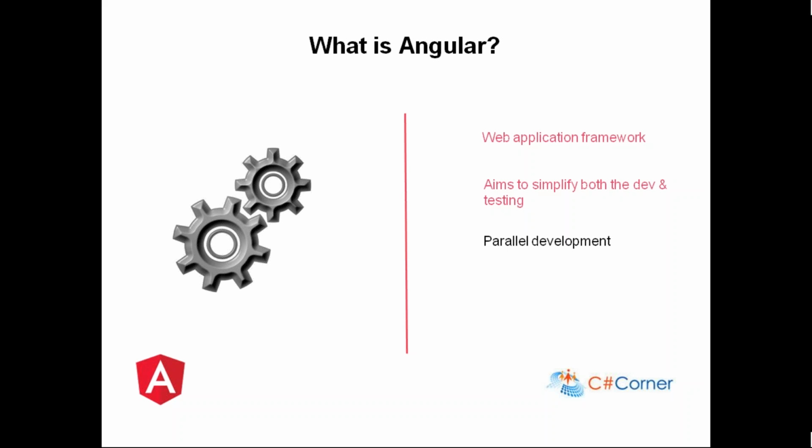One more advantage here is parallel development. Angular segregates server development from client-side development. Server-side development is completely taken care of by another set of the team, and the client-side development can happen in parallel.